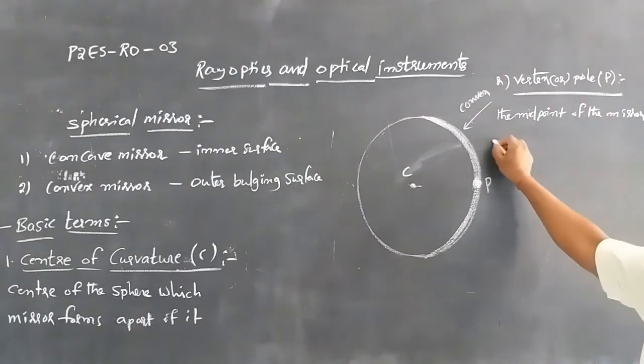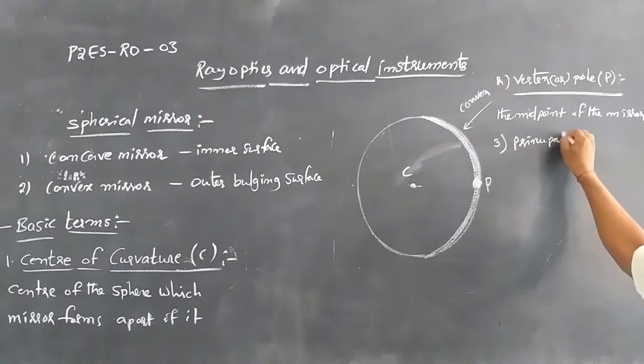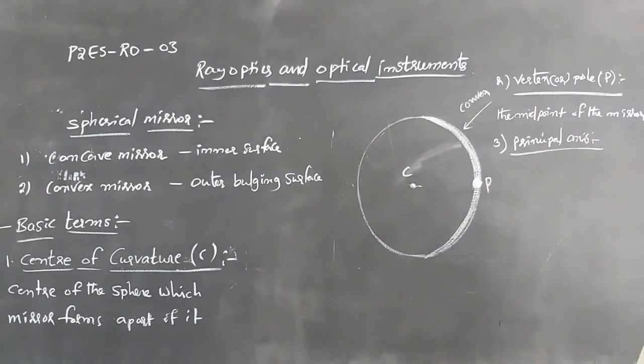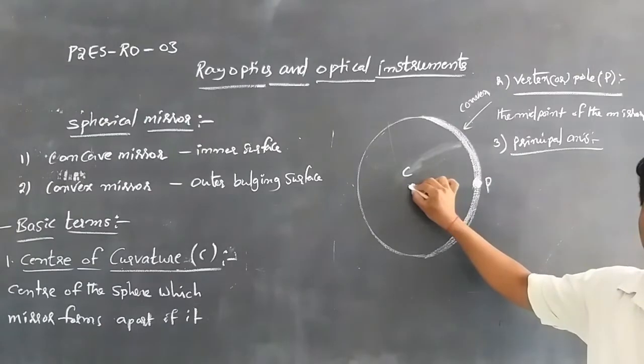The next one is the principal axis. The principal axis is the line joining the pole to the center of curvature.